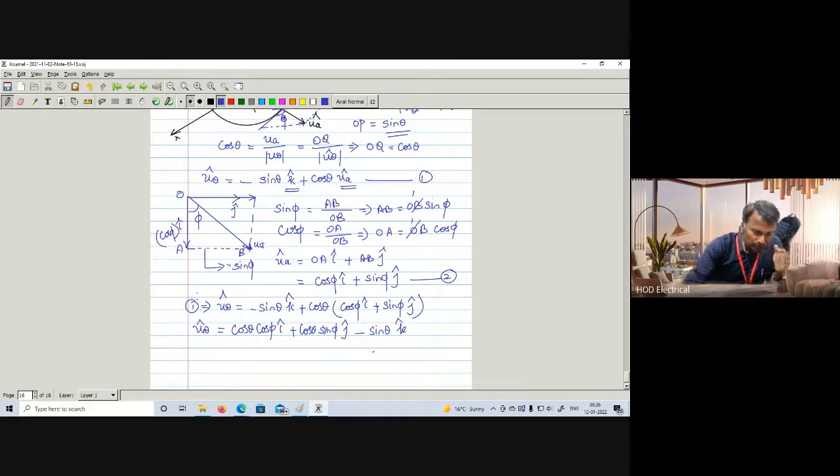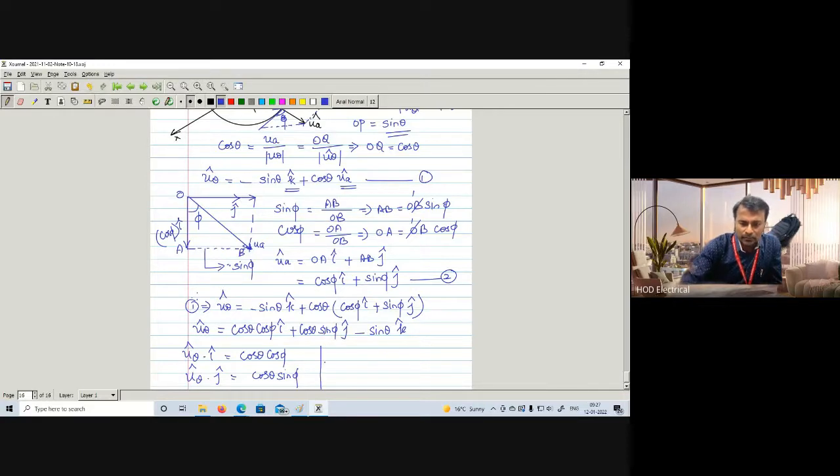Already we know the projection of all vectors in this x-axis, y-axis, z-axis, the Cartesian coordinate system. How have we done it? We should know u theta gap dot i, the projection of u theta on the x-axis. So i dot i is only 1, therefore cos theta into cos phi. Similarly, u theta dot j gap equals cos theta into sine phi.